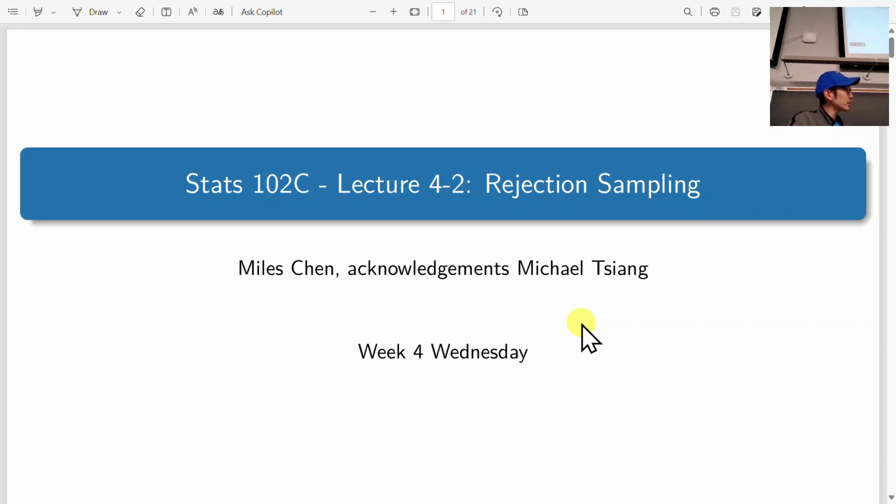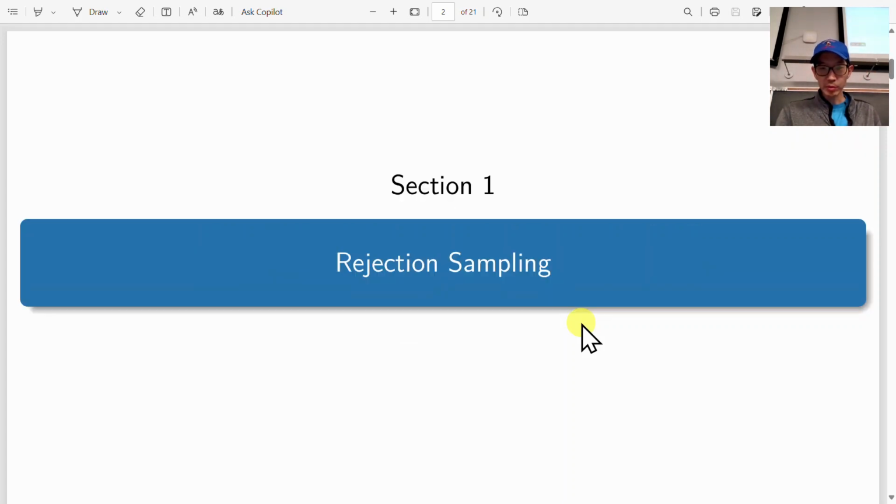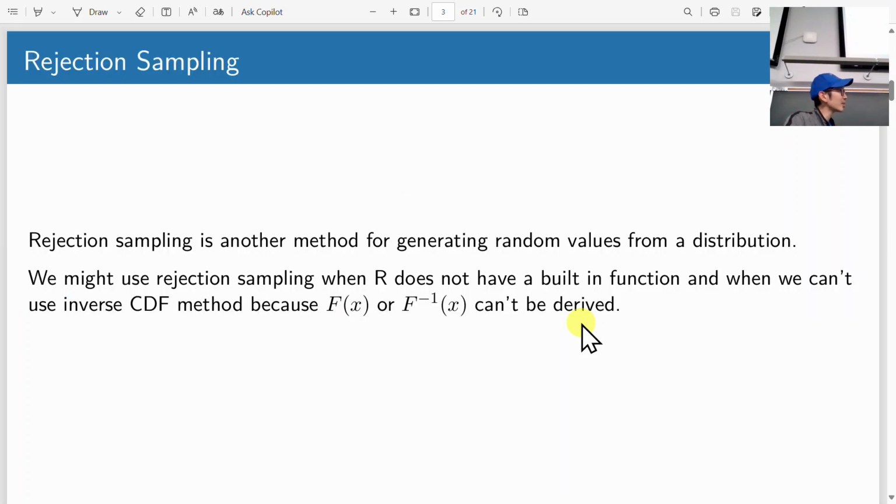Okay, I want to revisit this topic of rejection sampling. We introduced it last week on Friday, but it is important enough that we'll take another look at it. The scenarios in which we use rejection sampling are a little bit limited.